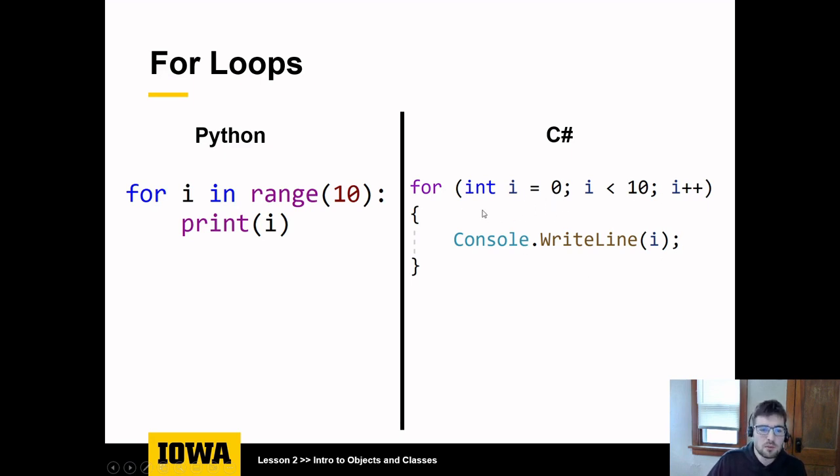So how we should read this is: consider a variable i whose initial value is 0. Every time this loop runs, we want to add 1 to the value of i, and we want to keep doing that until i is no longer less than 10. So it's kind of left, right, middle reading this. And the instructions for the loop are in these curly braces, of course.